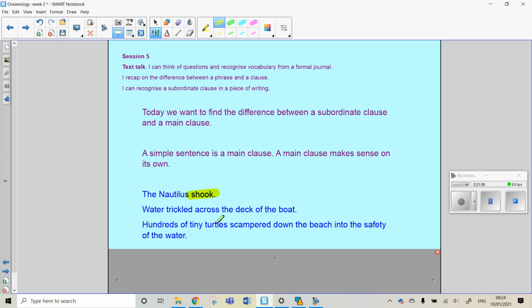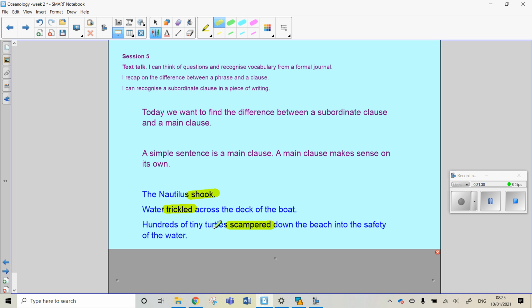Water trickled across the deck of the boat. Again, it makes sense on its own. And the verb is trickled. Hundreds of tiny turtles scampered down the beach into the safety of the water. Again, it's a longer sentence than the previous two, but it's got a verb and it makes sense on its own.